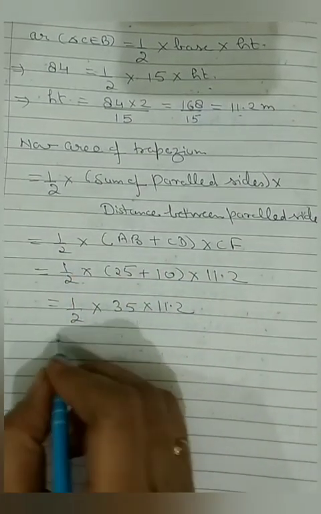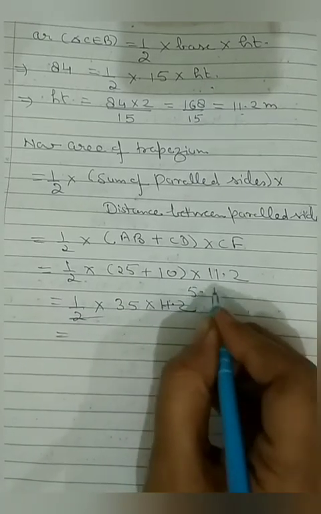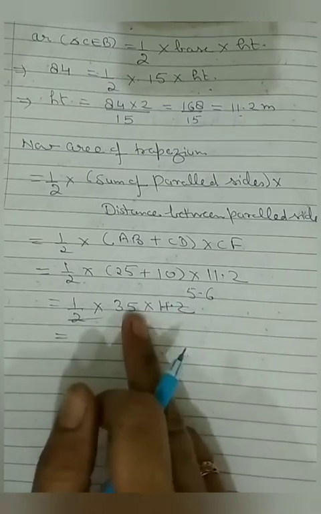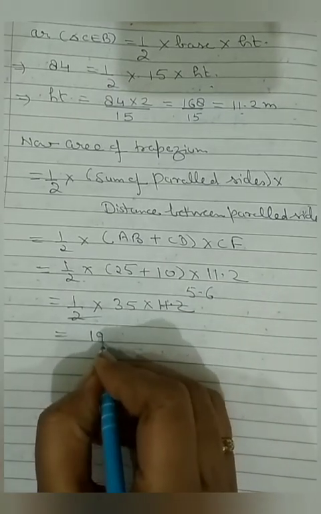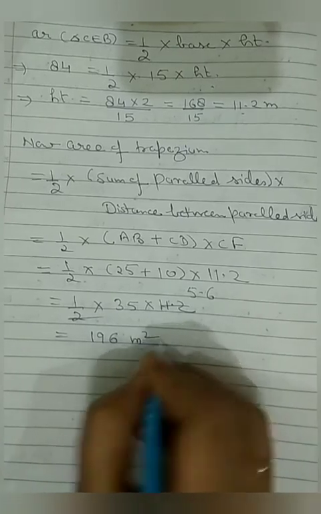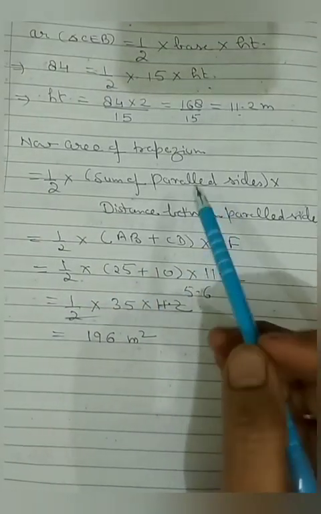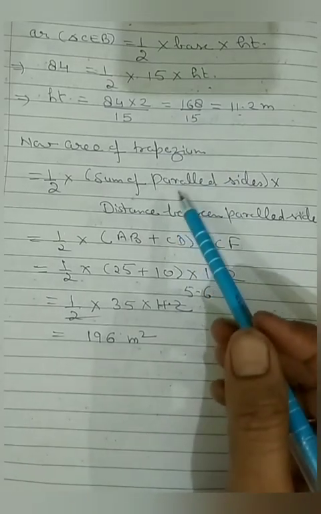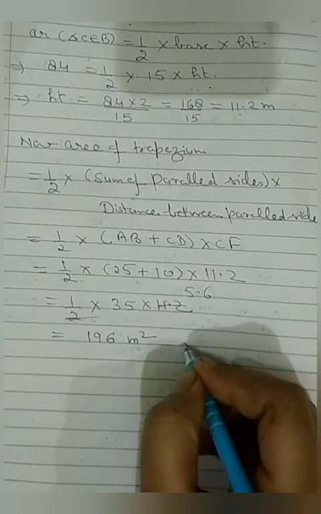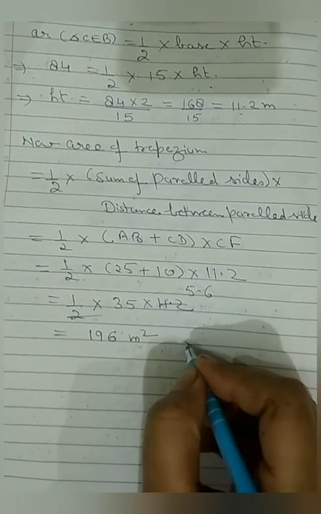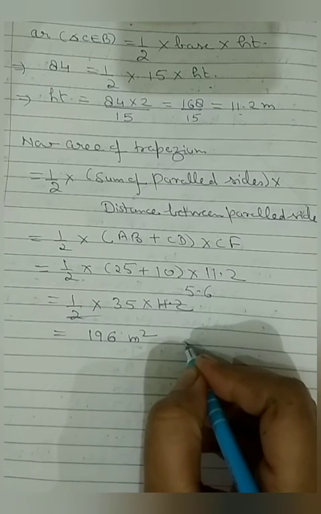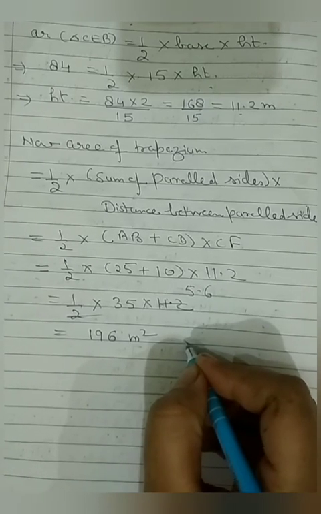Now further we get 5.6, and if we multiply it, it will give 196 meter square. Here we can see we have used Heron's formula to calculate the area of the trapezium. So in this way we can use Heron's formula to calculate the area of triangles as well as the area of quadrilaterals.